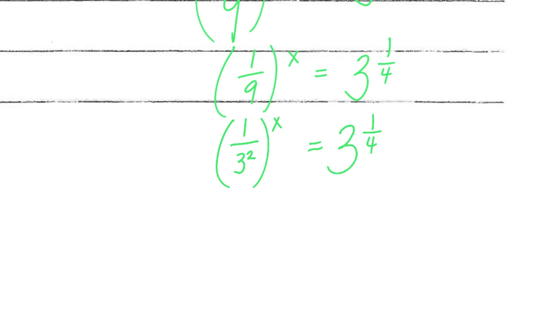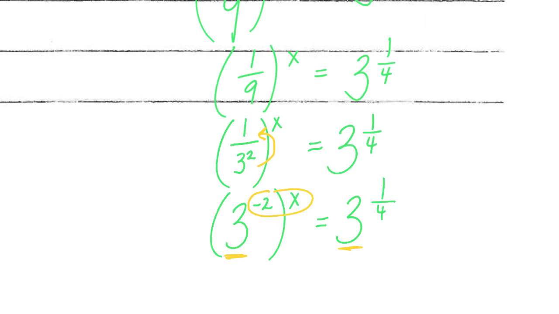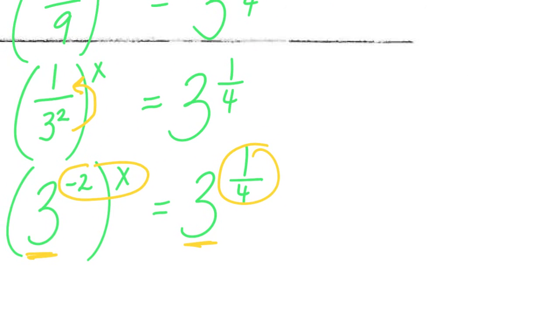I can bring this 3 squared to the top by making it negative. 3 to the negative 2nd to the x power is equal to 3 to the 1/4. Still not there yet. But since now we're in the same bases, I can pull out the exponents and make them equivalent to one another. So I'm going to do that.